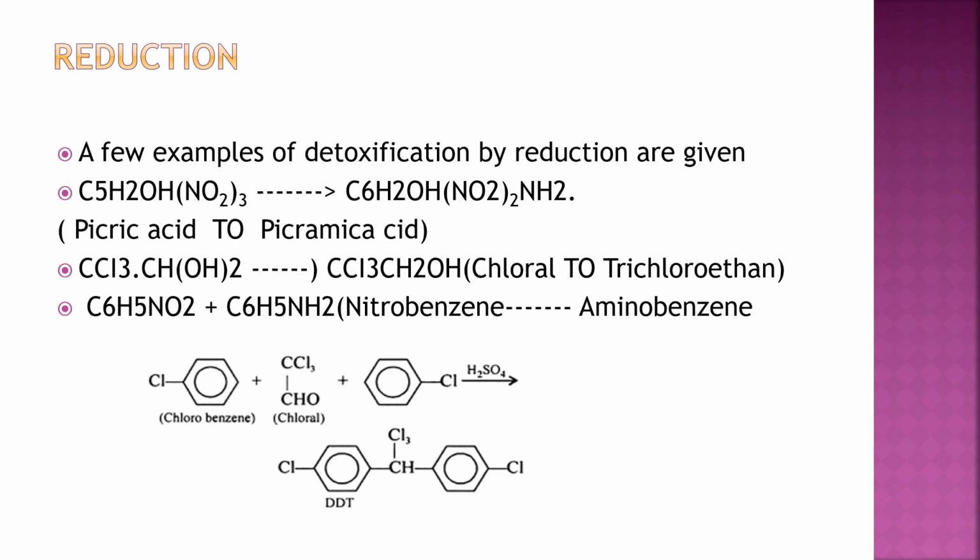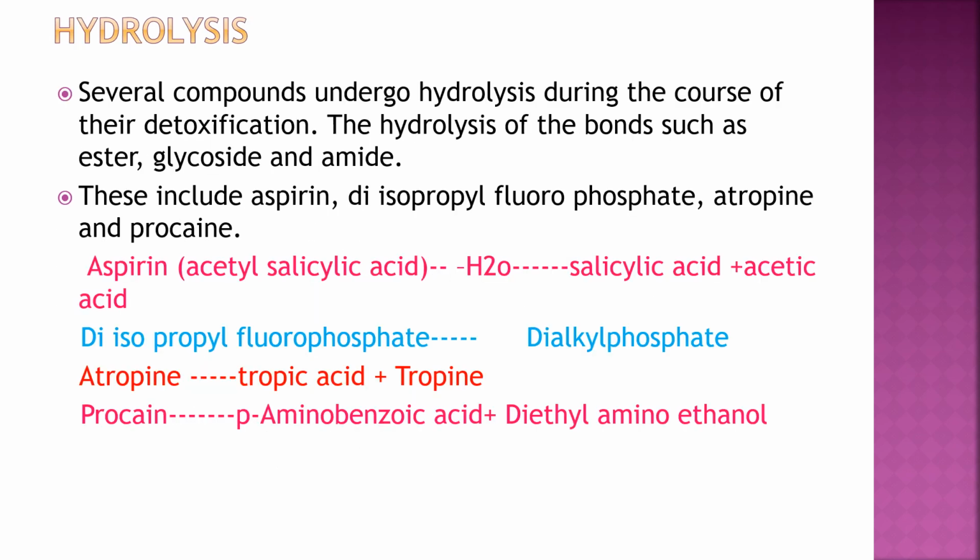Then reduction reactions. A few examples for the reduction reactions are picric acid, chloral, nitrobenzene. Picric acid is converted to picramic acid, chloral is converted to trichloroethanol, and nitrobenzene is converted to aminobenzene. Then hydrolysis. Several compounds undergo hydrolysis during the course of their detoxification. The hydrolysis of bonds such as ester, glycosides and amide.